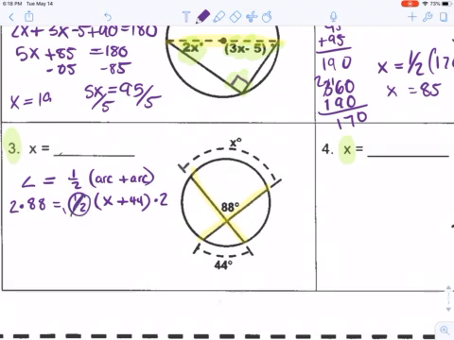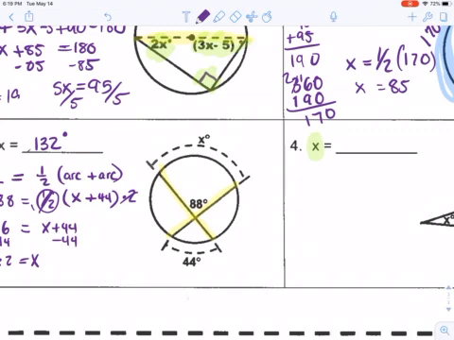Here, the fractions go away, and here 2 times 88 is 176. 176 equals x plus 44. Now we're going to subtract 44 from both sides. 132 equals x. We've solved for x. 132 degrees.